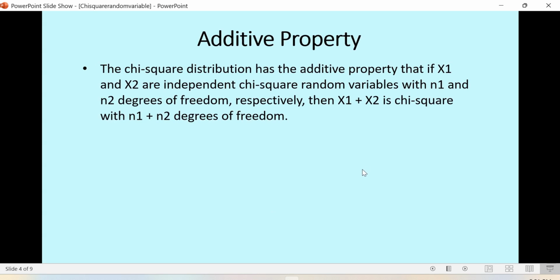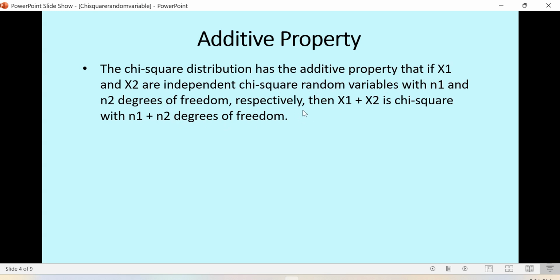The chi-square distribution has a main property called additivity. If x1 and x2 are independent chi-square random variables with n1 and n2 degrees of freedom, then the summation x1 plus x2 also follows a chi-square distribution, and its degrees of freedom is the summation of x1's and x2's degrees of freedom.